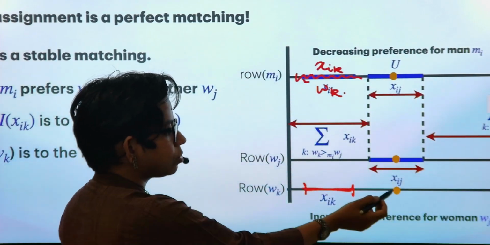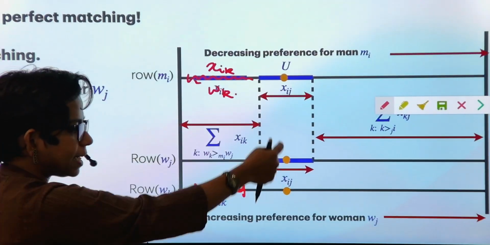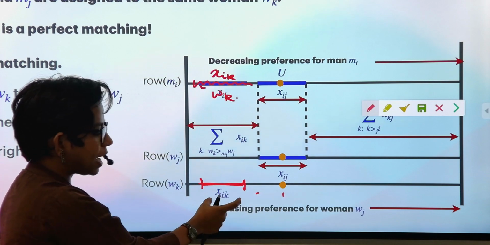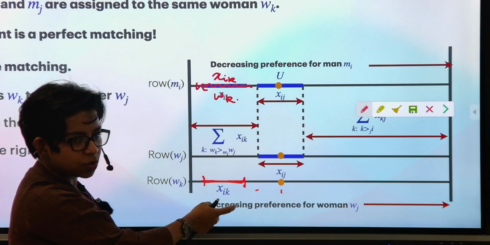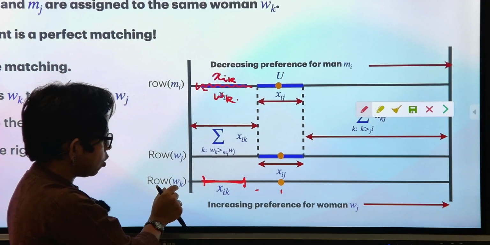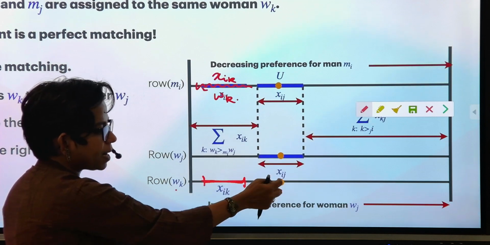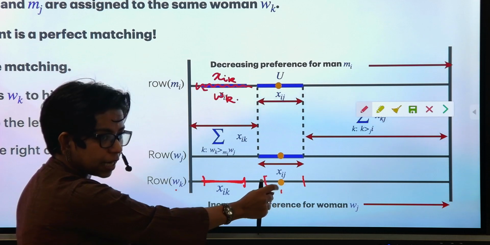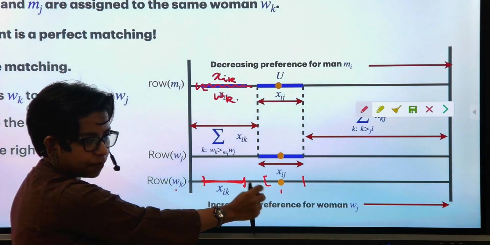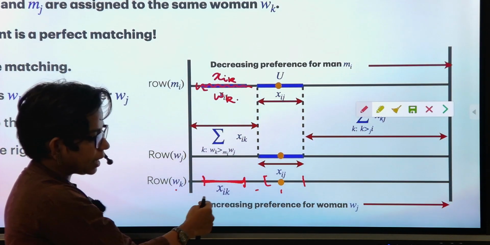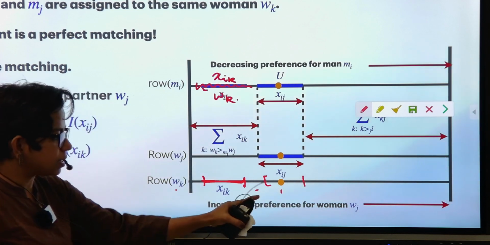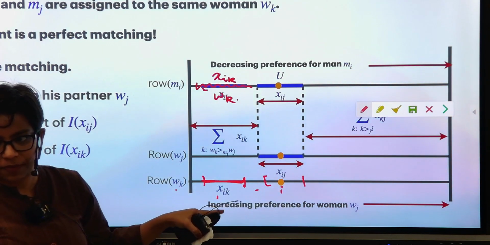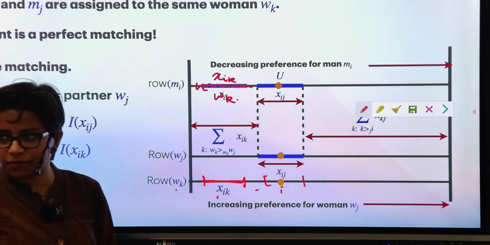But we know U is at the exact same position on the real line, and U is to the right of Xik. So, what does that mean? That this woman Wk's partner must be in the interval that contains this U point, whichever interval contains it is her current partner, and clearly the way we have arranged the segments, she prefers this guy over Mi, therefore it can't be a blocking pair.